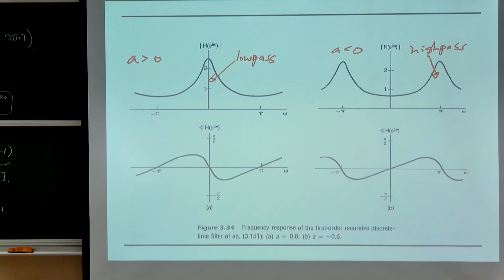All right. Now, a natural question is, what about aperiodic signals? What about regular signals that we would see that may not necessarily be periodic? So this is the subject of chapters 4 and 5.